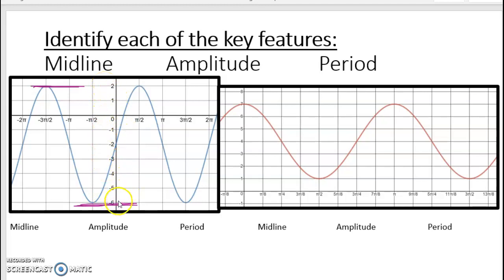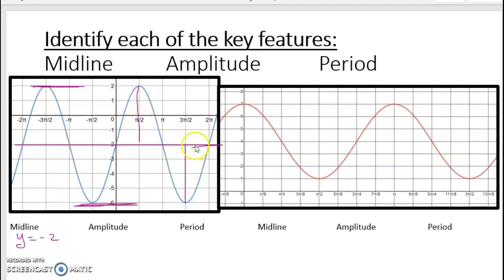That's 8 units apart. So if I go up 4 units, right there should be my midline. That's at -2. So we would write the midline is y equals -2. To find my amplitude, it's the distance from the top to the midline or from the midline to the min. Both of those are going to be the same.